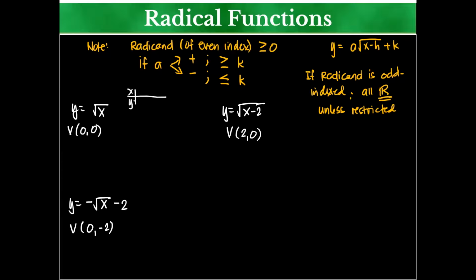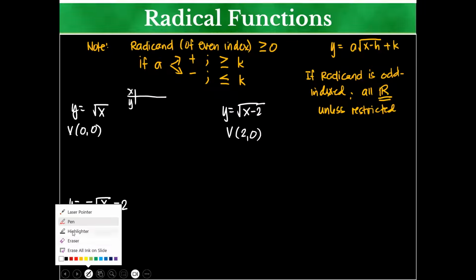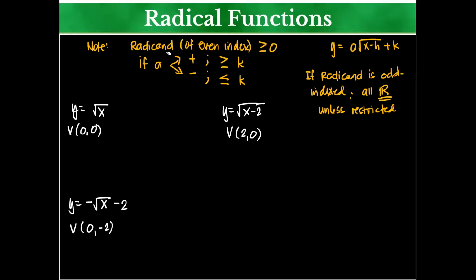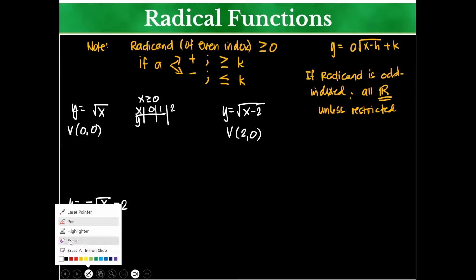Ang sinasabi dito kasi, inside, there is already a rule that the radicand should be greater than or equal to 0 if the index is even. Therefore, what I would do is I would try x and y values that are greater than or equal to 0. Wag na 1, 2, 4 na lang.